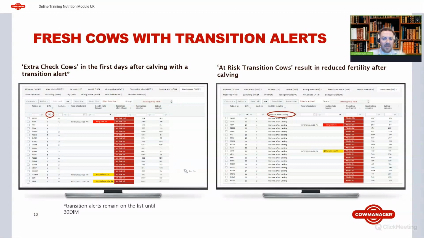So again, if you look at those transition alert cows the way we look at transition diseases after calving, you won't see anything on those cows because it's much more subtle. We need to look in a different way towards those cows in the dry period, towards those cows with transition alerts, sorry. We need to be more critical, and then we're able to get those cows through the transition period in a good way.